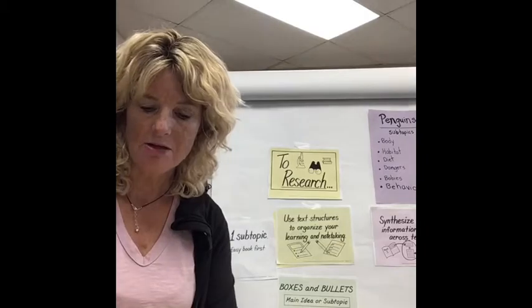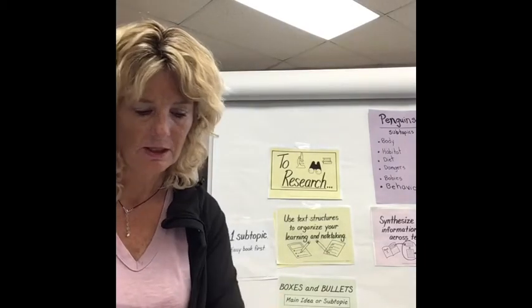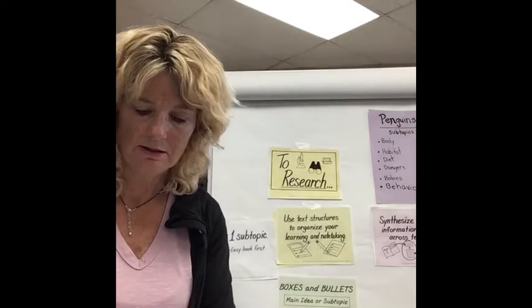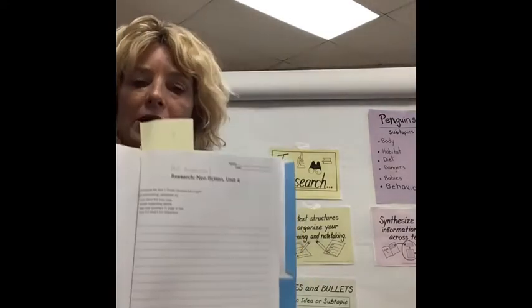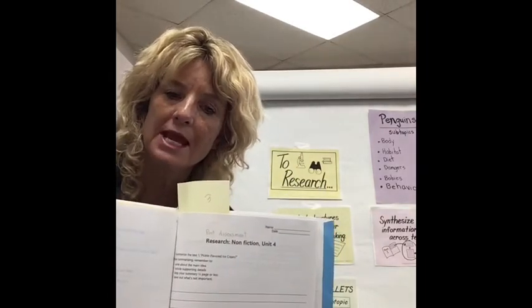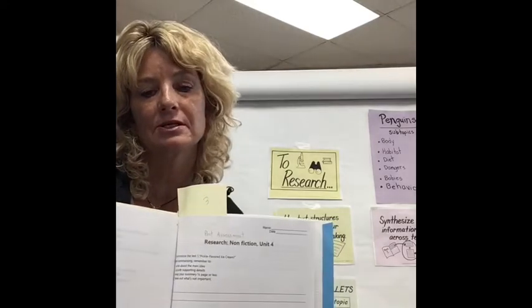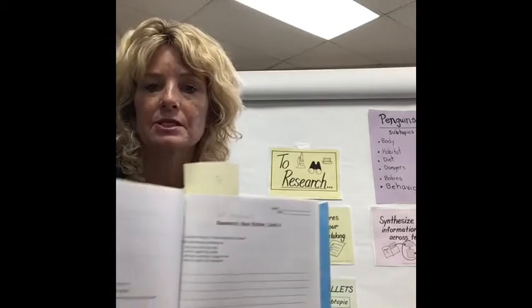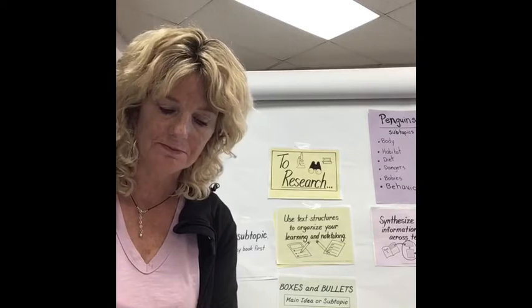Okay, now 3rd graders, turn to Research Nonfiction Unit 4, question number 1. We are going to go through this together, and then you are going to begin your post-assessment and show your teachers all the smart things that you are able to do since you've been practicing reading research skills.